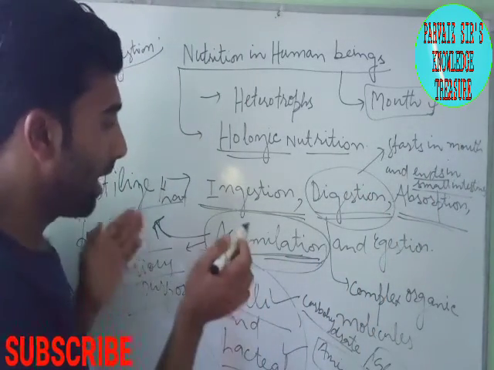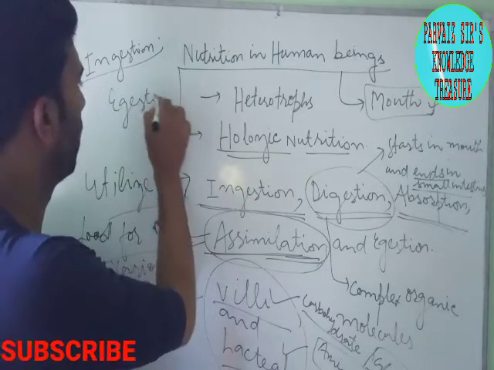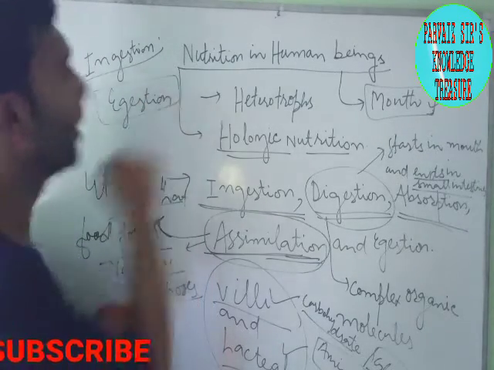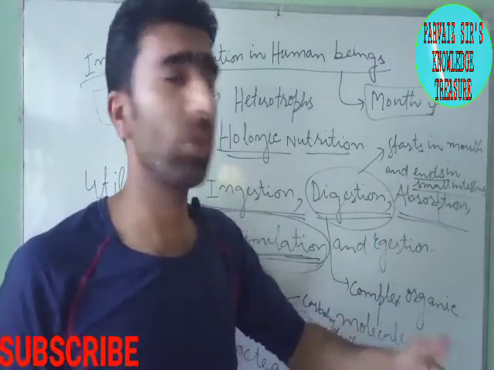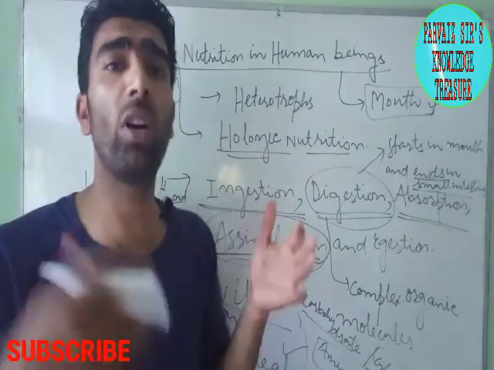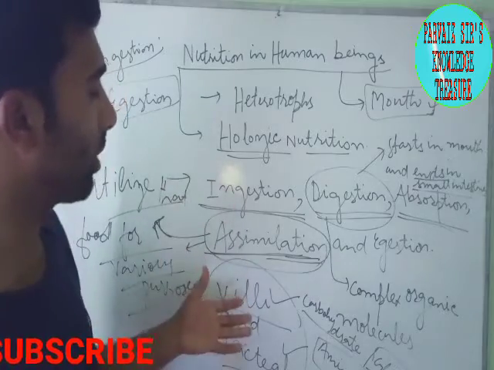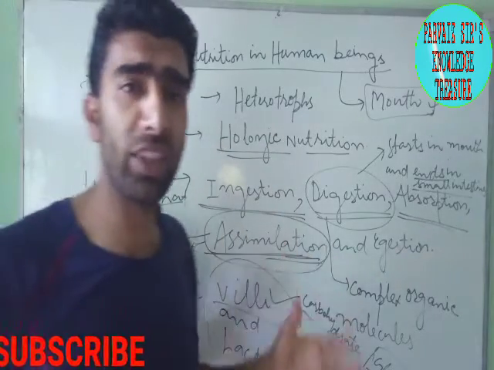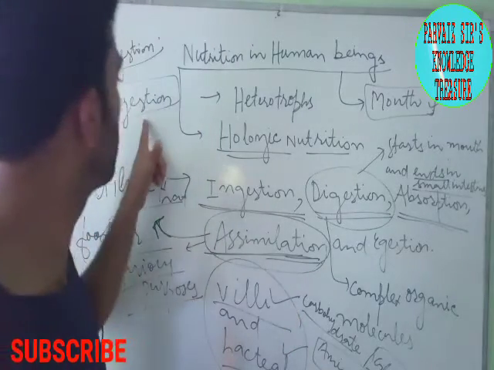Now, the last process is ejection. Not all of the food we eat breaks down or nutrients from it are released. There is some part of the food which is not digested, and the process by which this undigested food is thrown out of the body is called ejection.